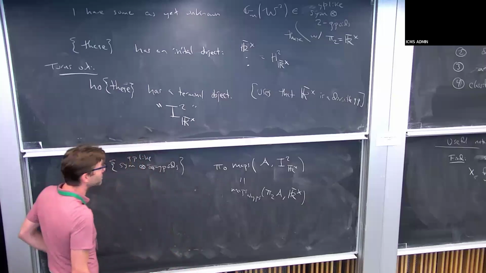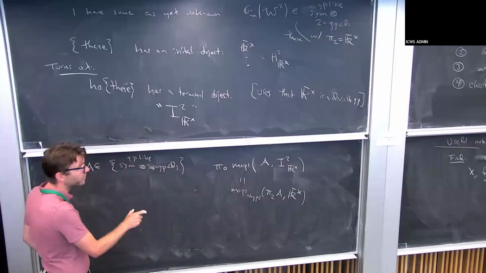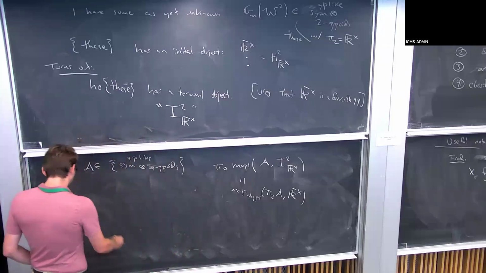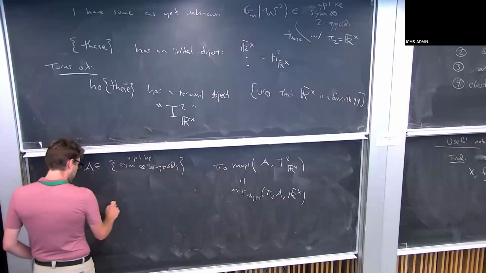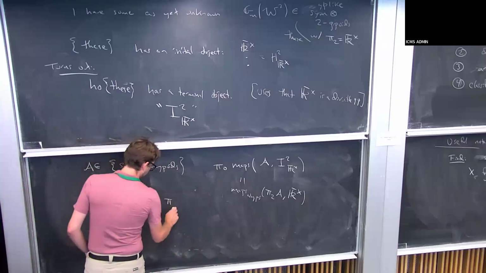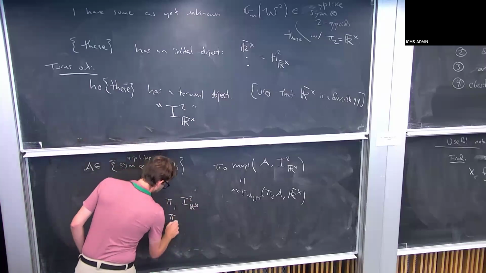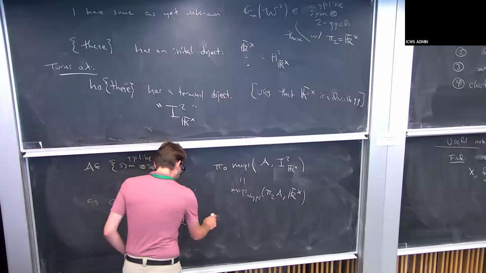And so from testing against suspensions of the sphere, you can compute the other homotopy groups. So you can, for instance, compute pi 1 and pi 0. And they're just the dual groups.